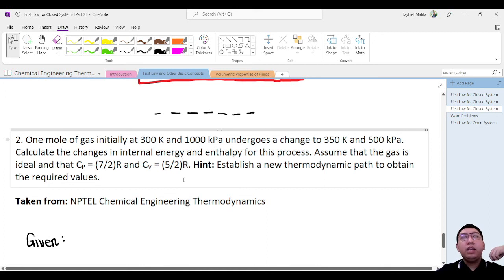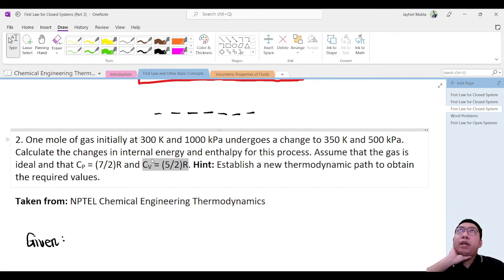In the later topics in thermodynamics, you'll be able to appreciate why the values of the CP and CV are such for this particular ideal gas, because later in my lecture discussion we will be discussing the values of CP and CV for monoatomic and diatomic gases.